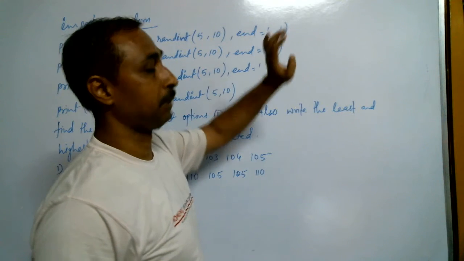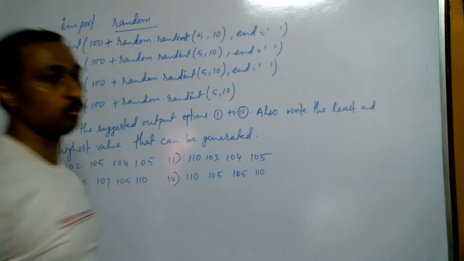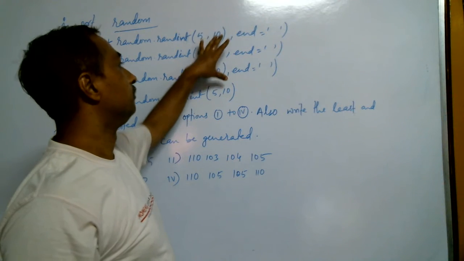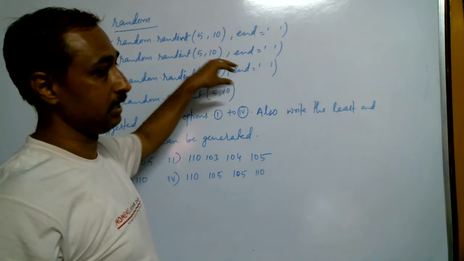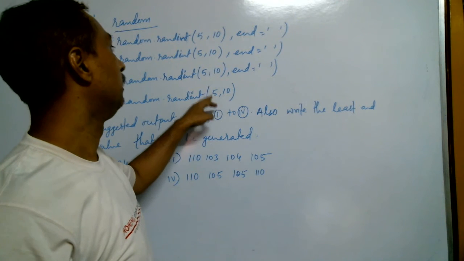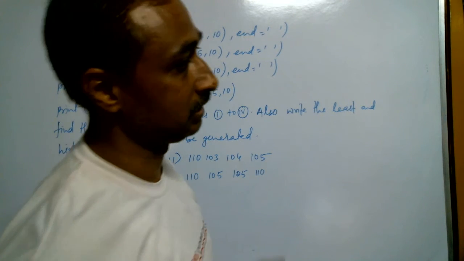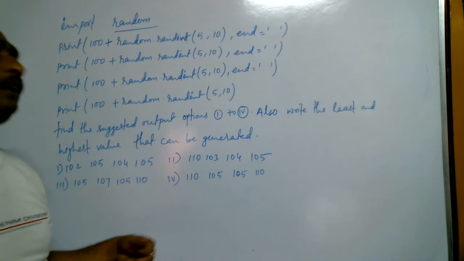The same line is written 4 times, so four lines are written with the same code, but due to the random function, we will not expect the same output. We may expect the same output also, and we may not.